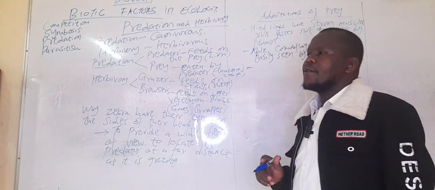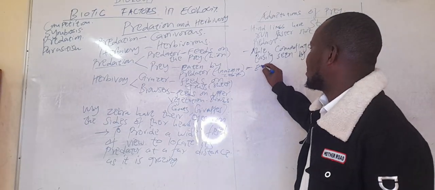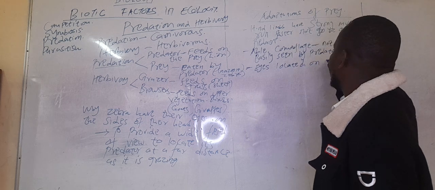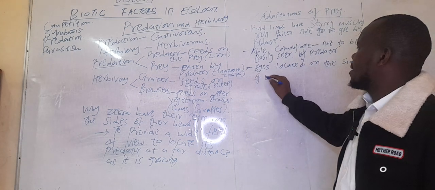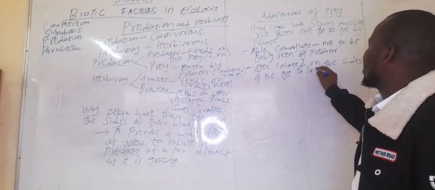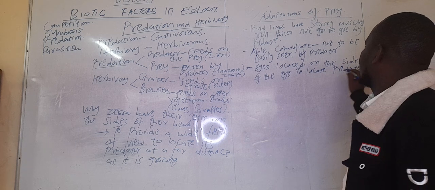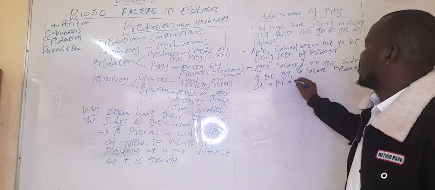Number three, we have spoken about the zebra. Their eyes. Eyes are located where? On the sides of the head. And we are saying this one is what? To locate predators at a far distance while grazing.